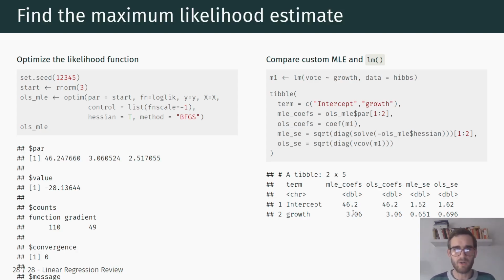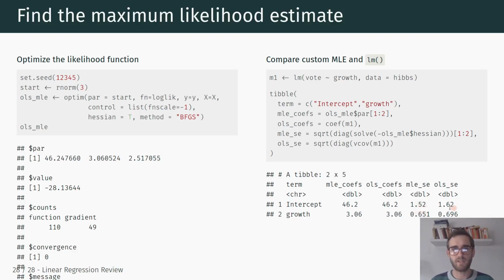And we see that our maximum likelihood coefficients that we derived just based on the formula are exactly equal, or they don't have to be exactly equal, because these numeric optimization algorithms are not always perfect depending on the starting values and so on. But in this case, at least, we get the same results for our intercept and our growth coefficient.